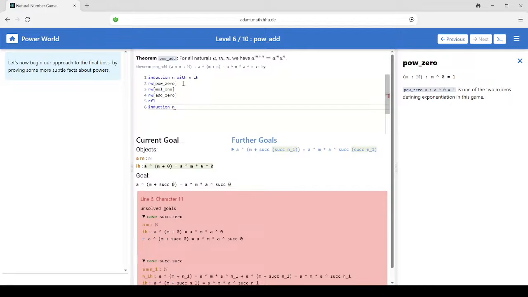Wait, I can do inductions within inductions, which is kind of scary, but maybe necessary for this? No, surely not. Maybe.